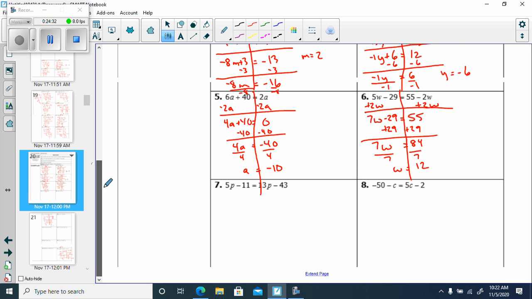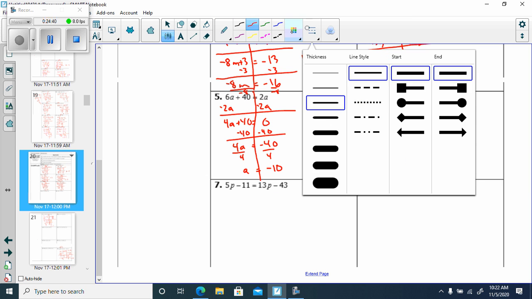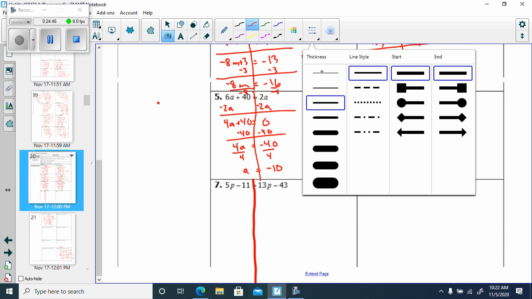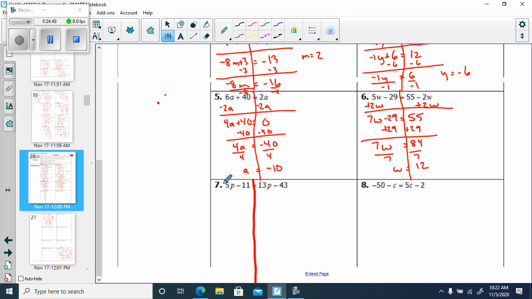On number 7, 5p minus 11 equals 13p minus 43. Those are as simple as they can get on each side, so I just need to get all the variables on this side and the numbers over here. This is a positive 13p.